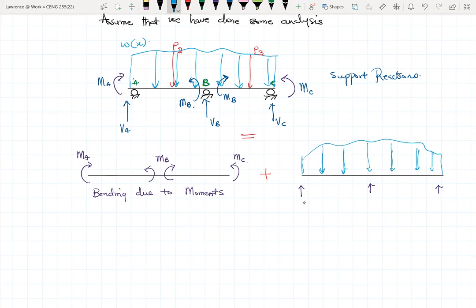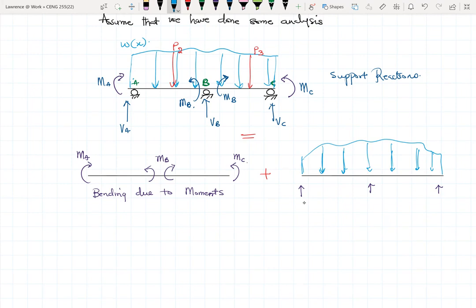Okay. So we want to derive equations for the slopes. And the slopes, from our moment area method as we looked at, can come from the bending action, and these bending actions can be contributed by different loads or different behaviors. In this case, we are looking at the bending action coming from the moment alone, which is the one on the left side.